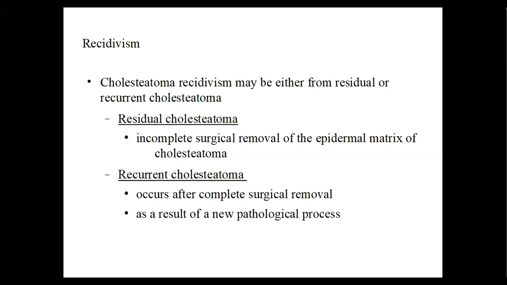You can do diffusion weighted imaging in MRI, which will pick up the recurrent disease early, so just by imaging you can make out whether a cholesteatoma has recurred or not. If there are signs of residual or recurrent disease, you can take the patient for second surgery, and you can avoid unnecessary surgical intervention.